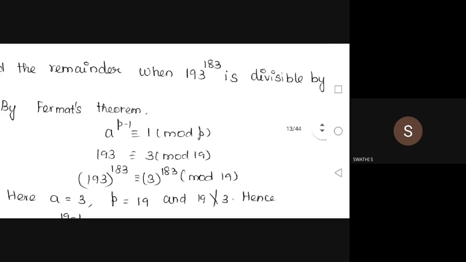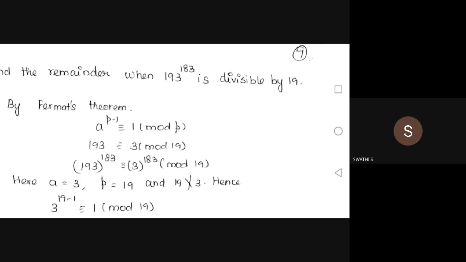So in this problem, we want the remainder when 193 to the power 183 is divided by 19. So it is enough to find the remainder when 3 power 183 is divided by 19.